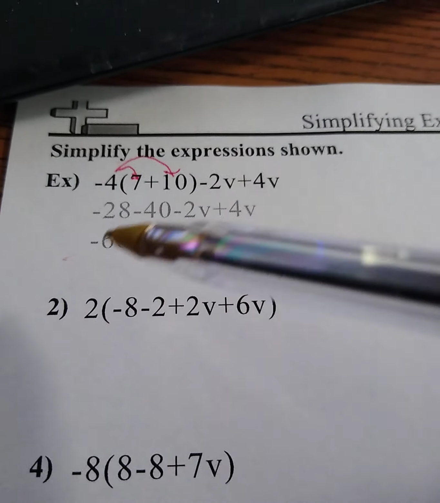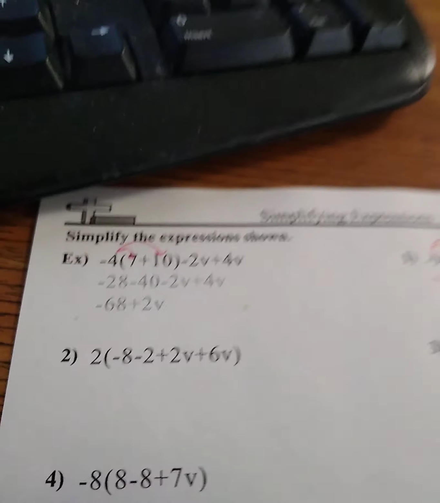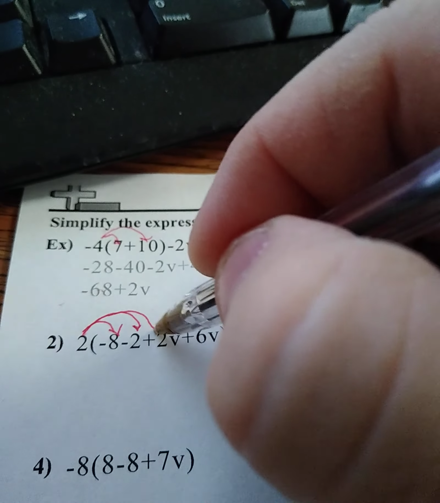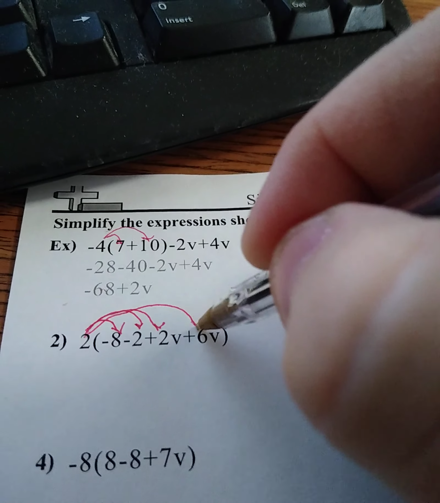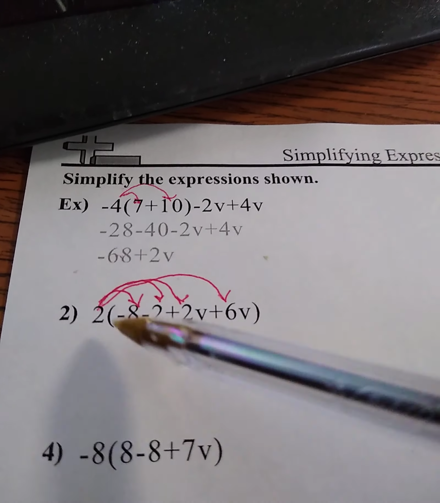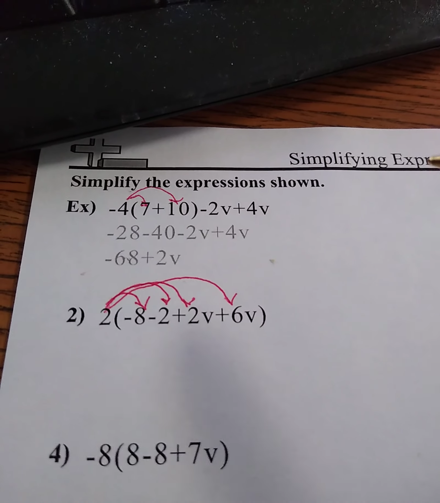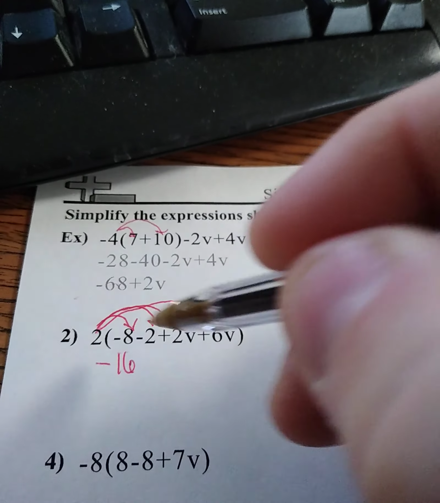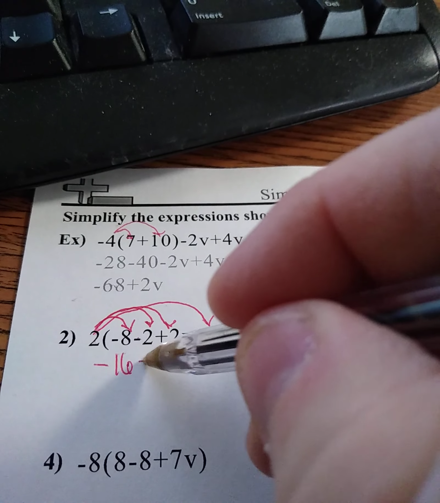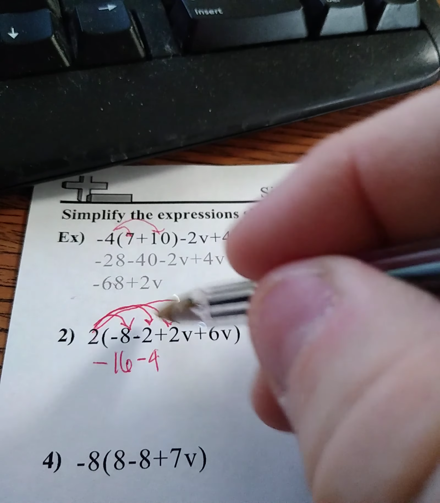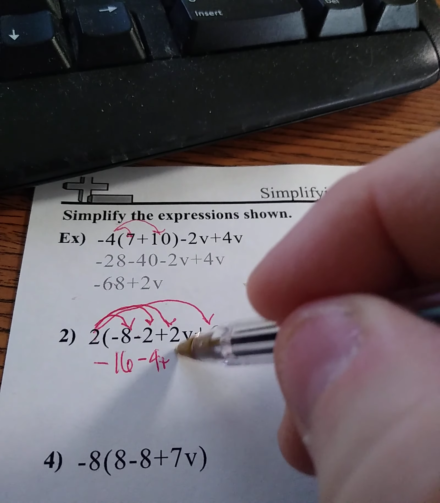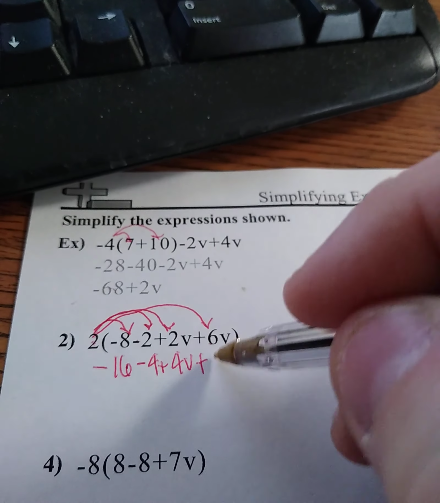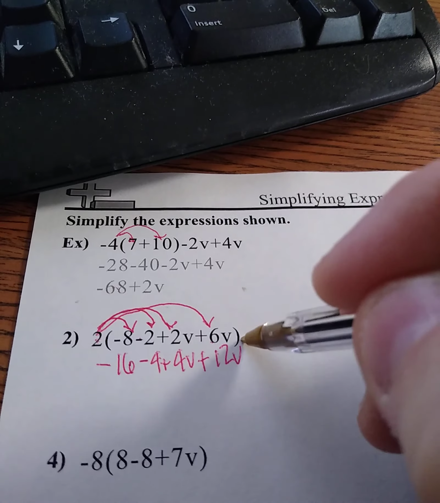All right, let's try number 2. So remember, we are going here, here, here. So because they're all in the parentheses, you're going to multiply all of them, okay? So -2 times 8 is -16. -2 times 2 is -4. 2 plus 2 is 4v, plus positive and positive, plus 12v.